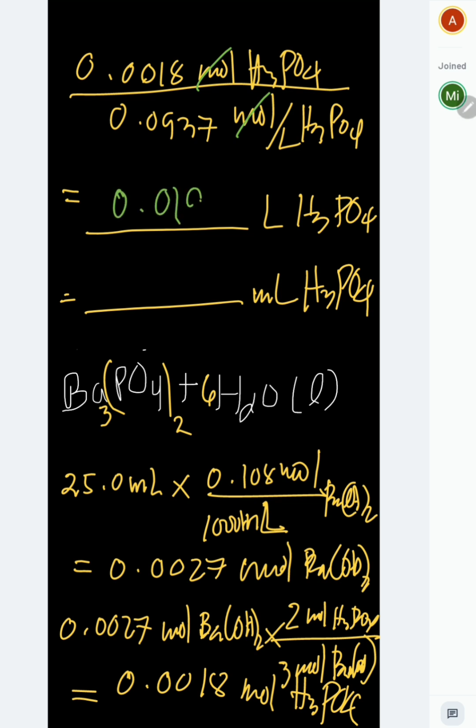Okay, and then you convert that to milliliters, times 1000. So that is 19.2. Then that should be the volume of H3PO4. Now you know.